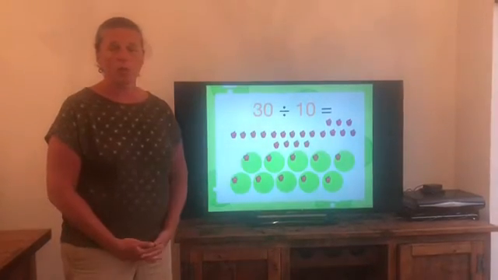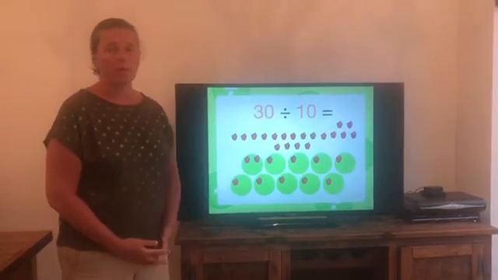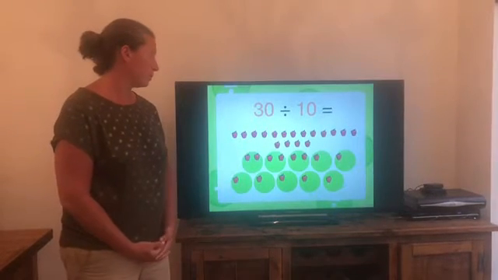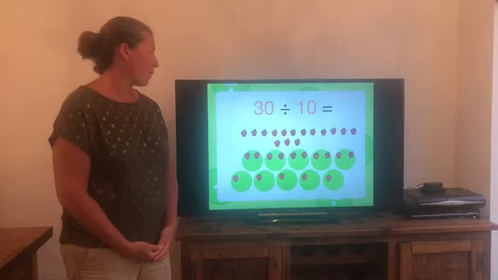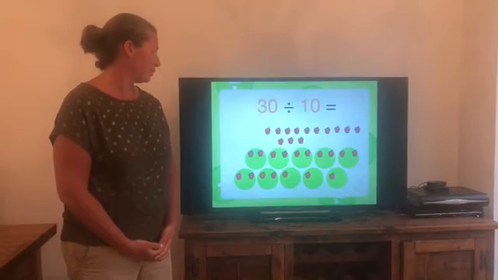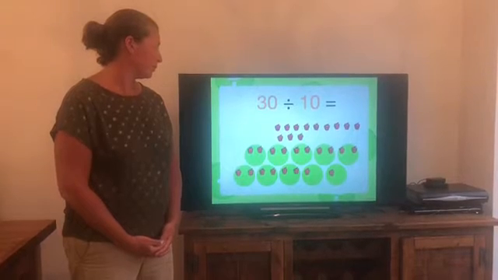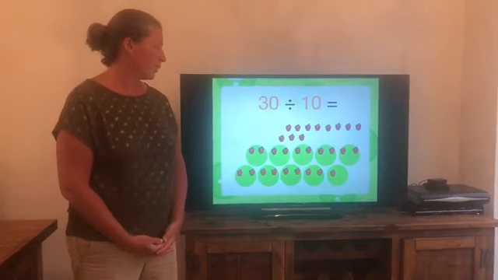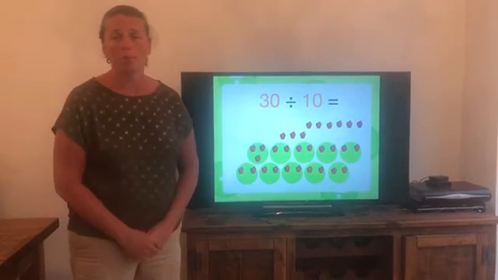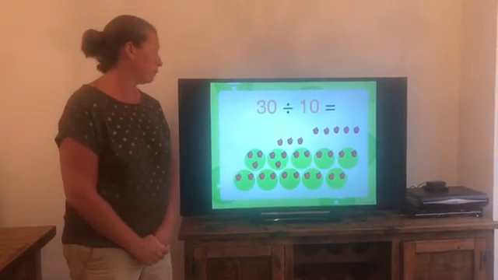Each child now has one apple, and the rest of them are being divided out equally amongst the 10 children. So now each child has 2 apples, and we still have some more apples left to divide out.